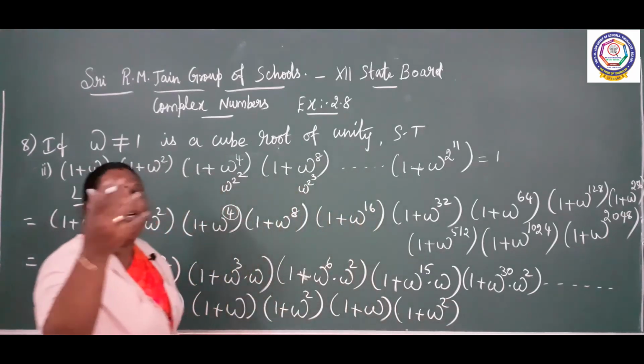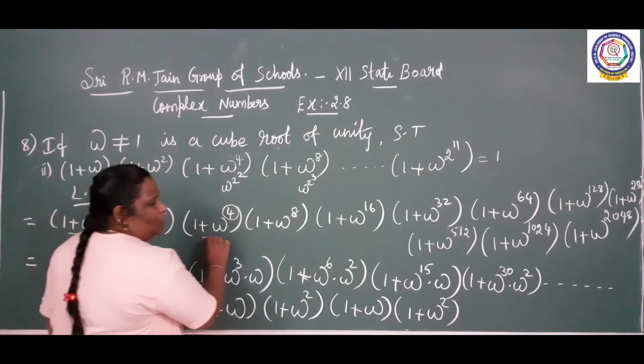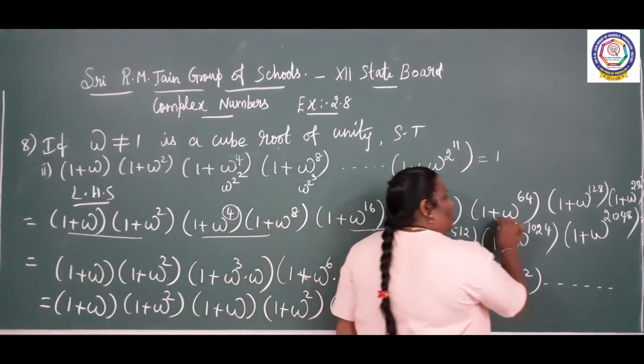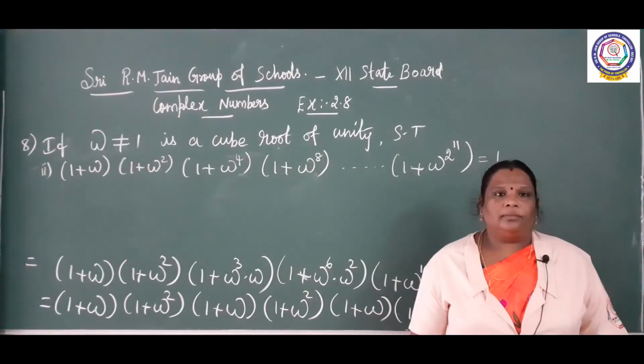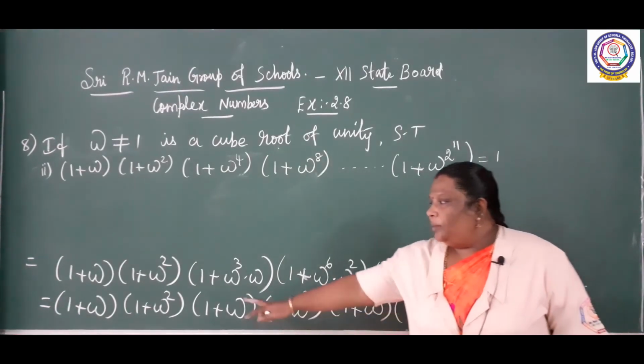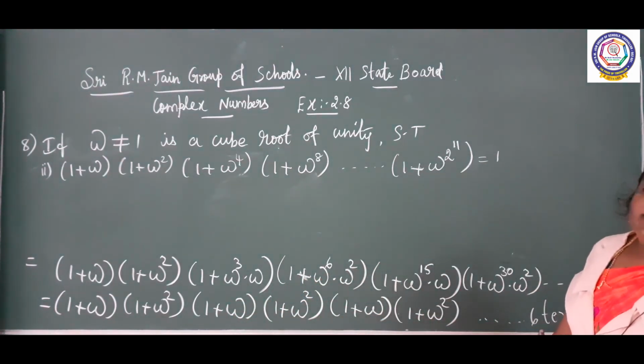How many pairs are there? 1 pair, 2, 3, 4, 5, so you are getting total 6 pairs, 6 terms.